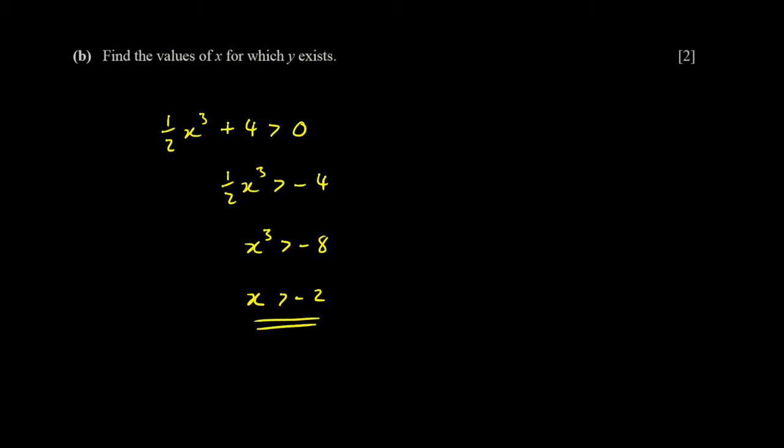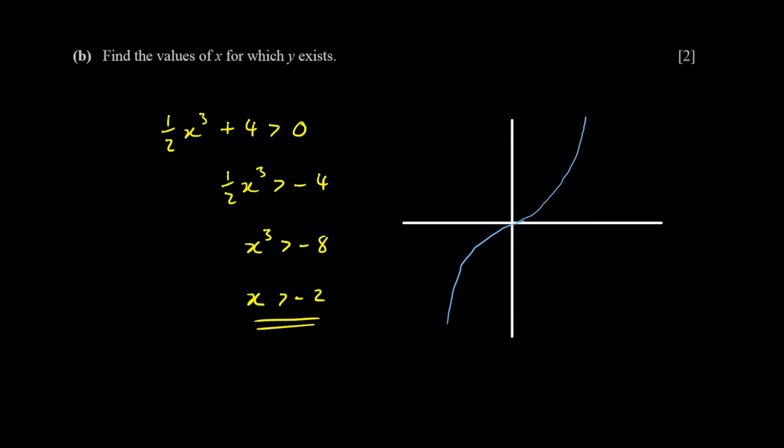Now, if you're not entirely sure about that, just because of the inequality, we can just think about what the graph of x cubed looks like. Right, the graph of x cubed is going to look something like this. Looks something like that. And where is negative 8? Well, negative 8's over here, let's say.